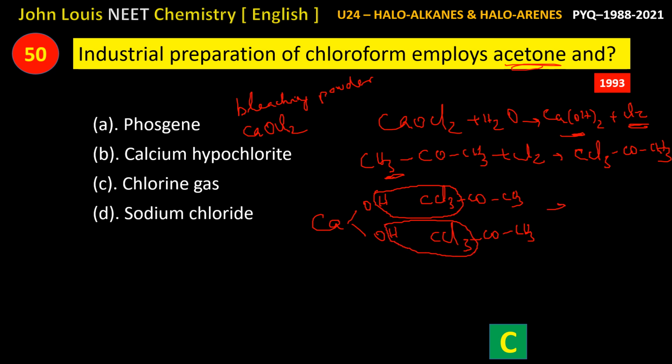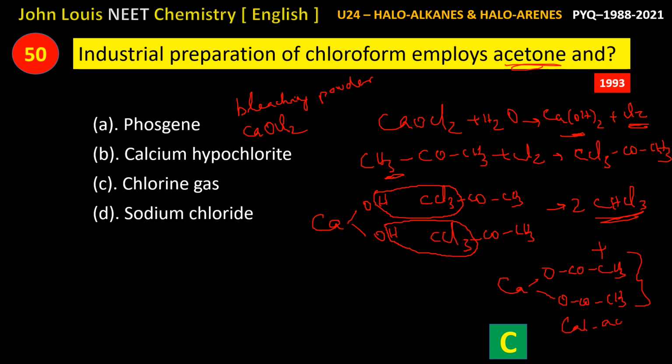Therefore two chloroform, 2CHCl3, will form. What is the other product you will get? Ca(OCOCH3)2, which is nothing but calcium acetate. This is the byproduct. Chloroform is the main product.